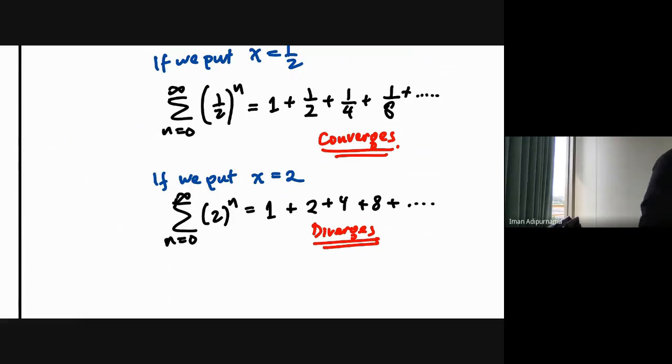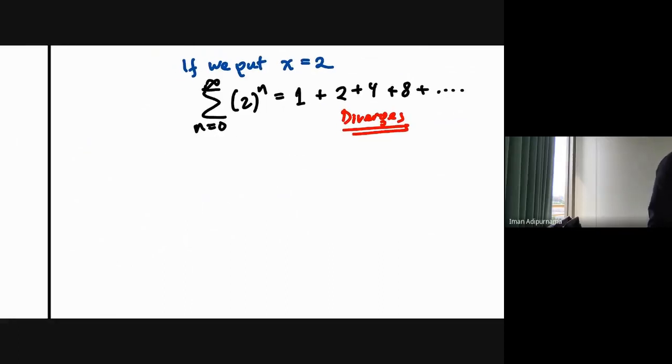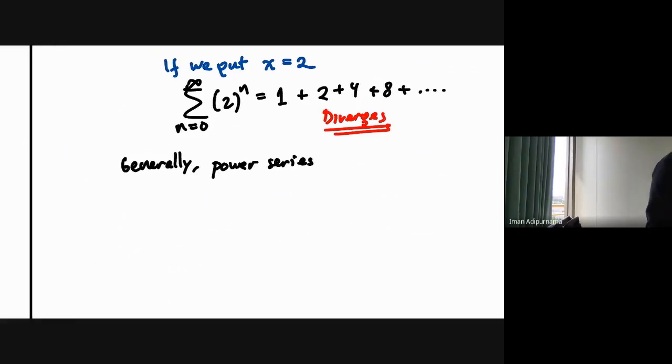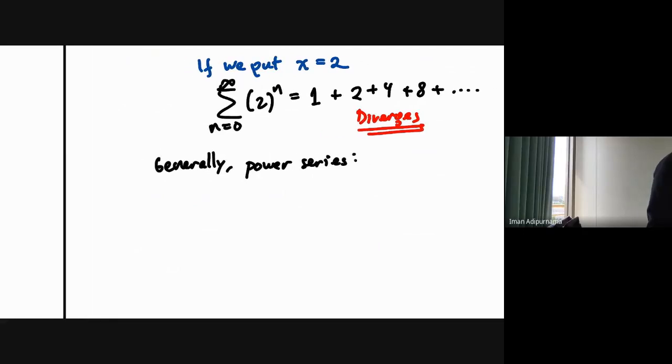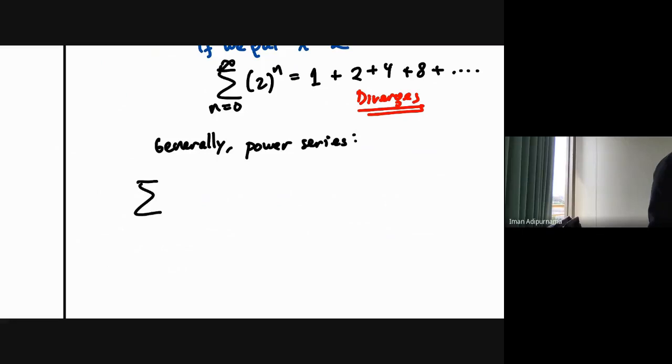Generally, the power series should be Cn times x minus a to the power of n.